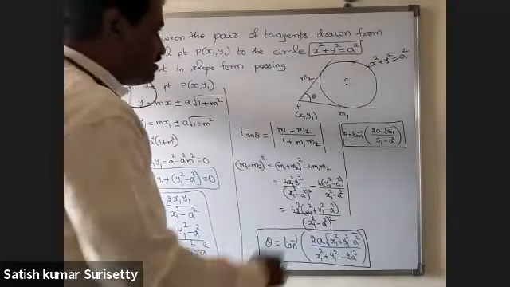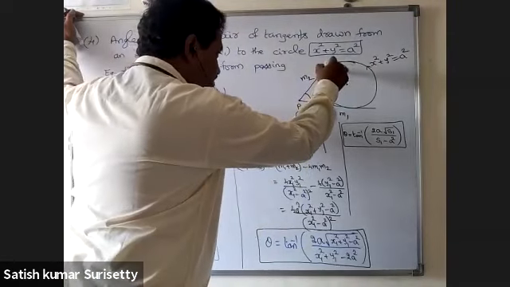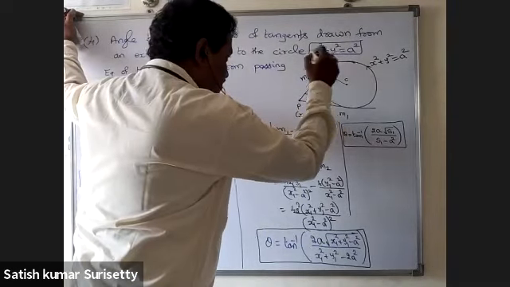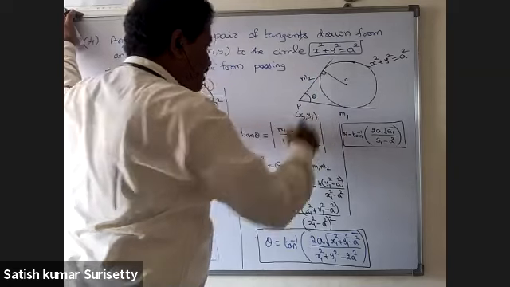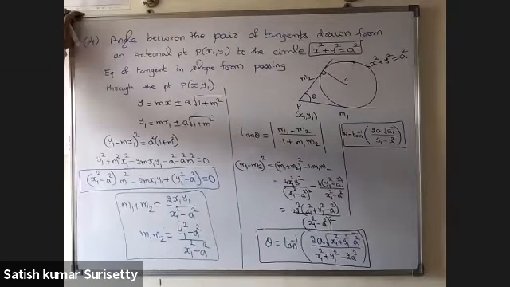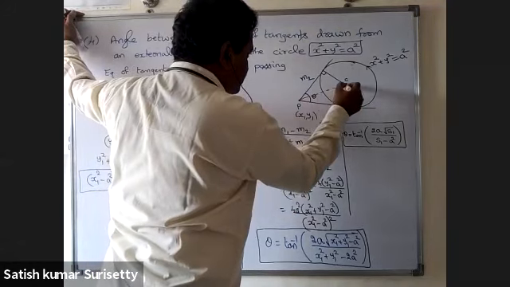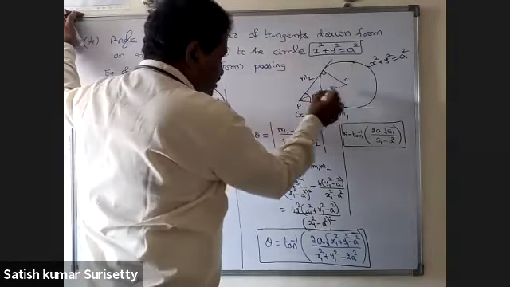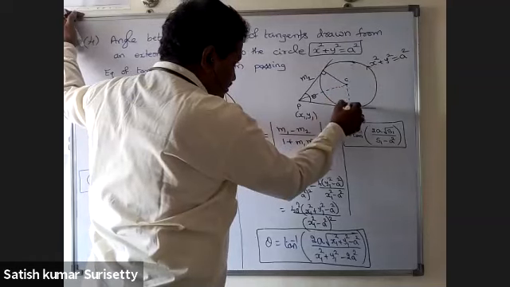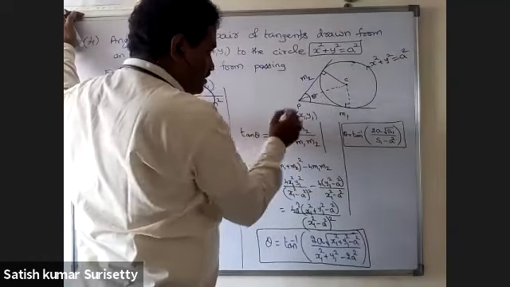And one more method of derivation is, if I draw the tangents to the circle and join the center, these two triangles are congruent.